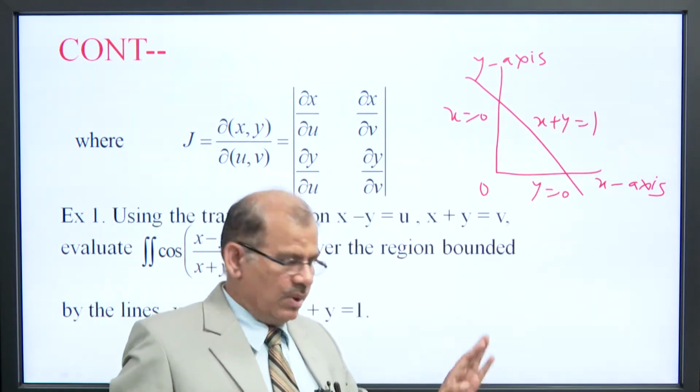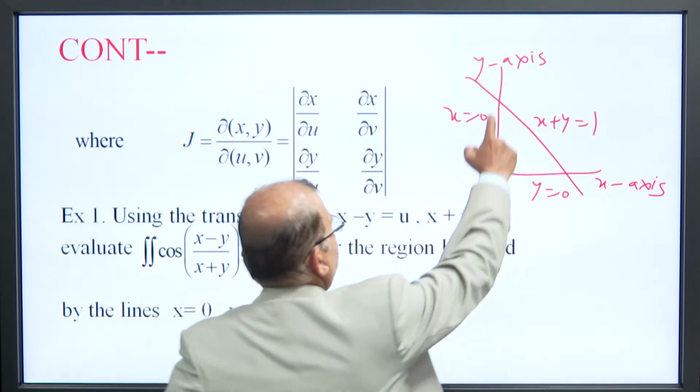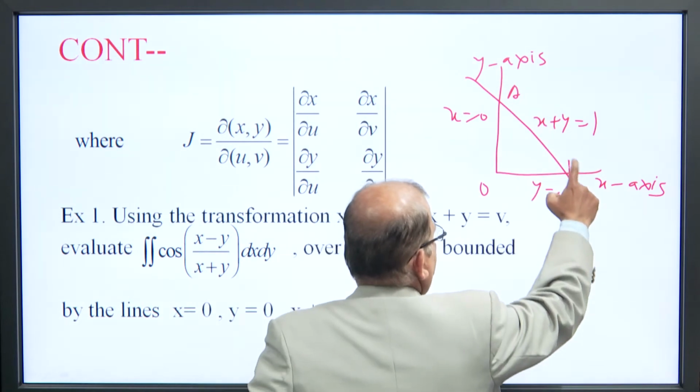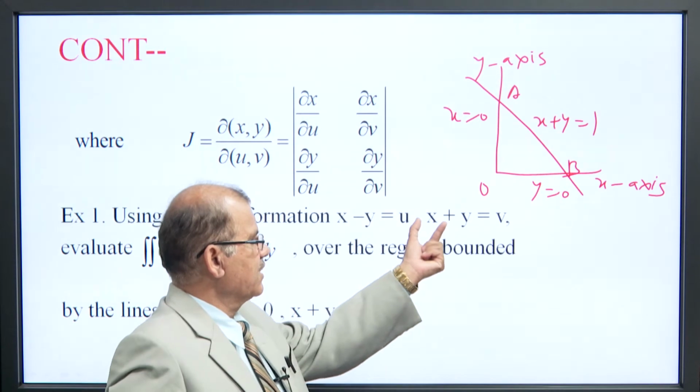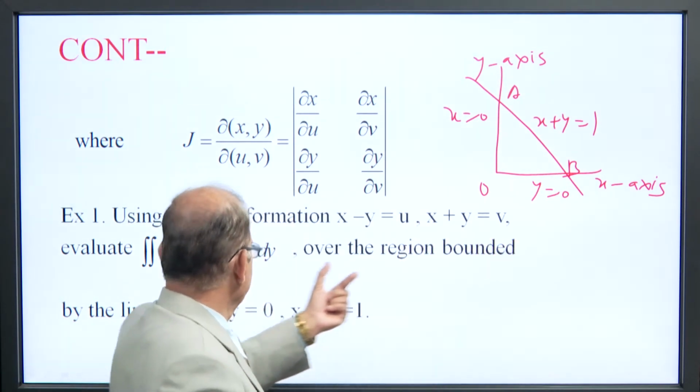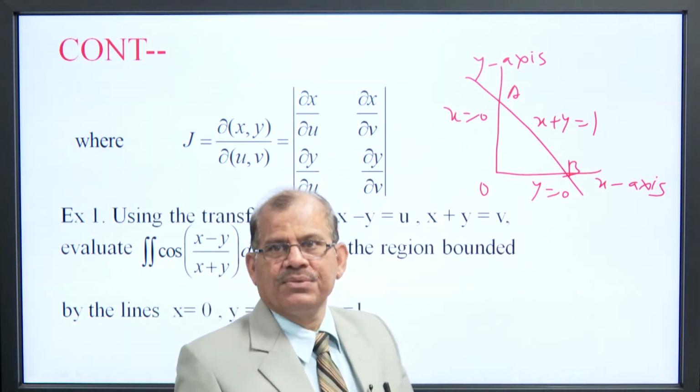We have to transform this region O A B with the help of x minus y is equal to u, x plus y is equal to v. Accordingly, we have to change the limits of integration.